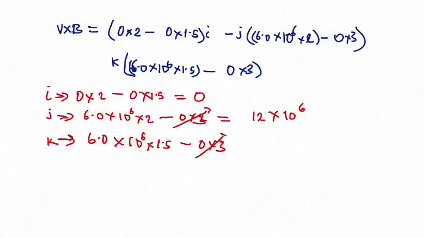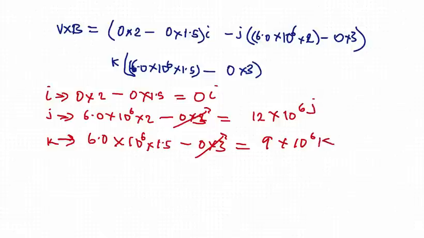This part will be 0, and this will be equal to 6.0 multiplied by 1.5, which is 9, times 10 to the power 6. So we've gotten the I component, the J component and the K component.